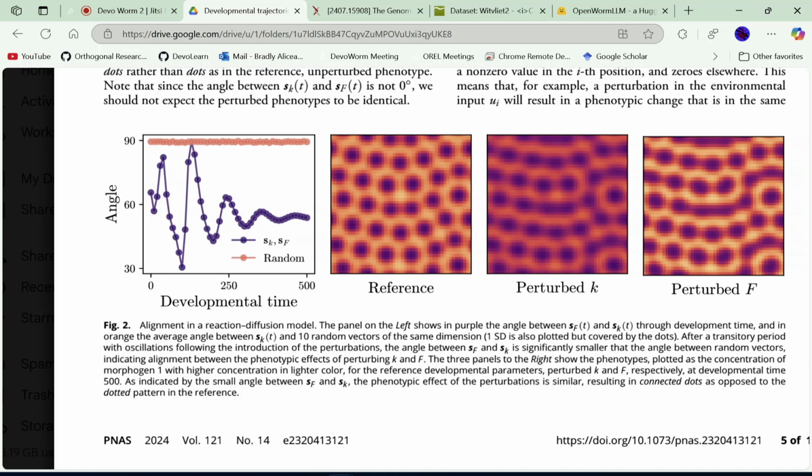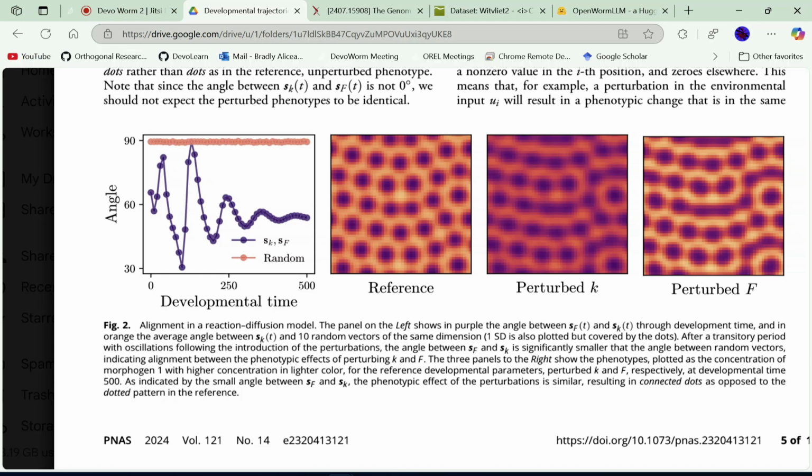As indicated by the small angle between F and K, the phenotypic effect of the perturbations is smaller, resulting in connected dots, as opposed to the dotted pattern of the reference. So the reference shows this complete sort of Gray-Scott morphogenesis, where you have the independent dots aligned. The perturbed K, you see that the dots are connected through this sort of drift.